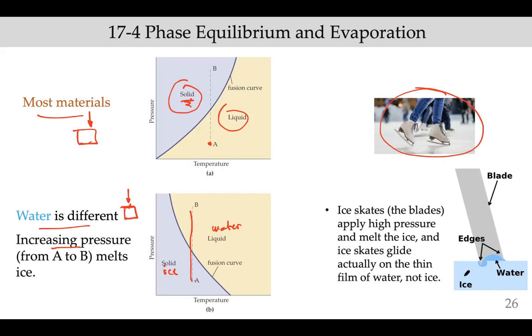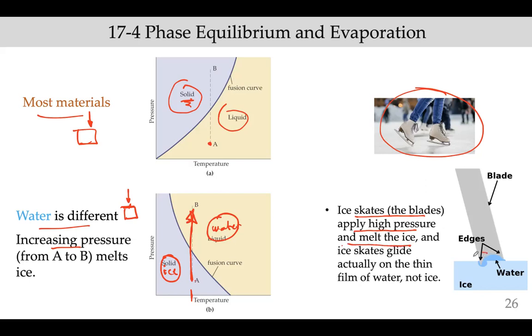But because it's water, when you increase the pressure, ice turns into water, so it melts. Not by the temperature, it's the same temperature. What melts it is just the pressure. So ice skates, the blades, apply high pressure because the person is wearing them, and they melt the ice.